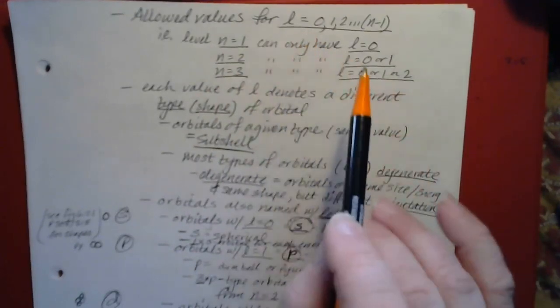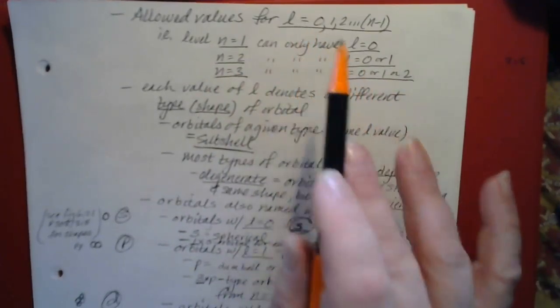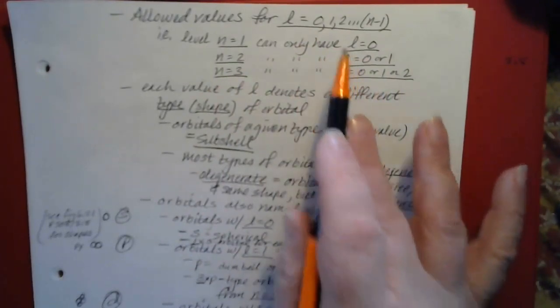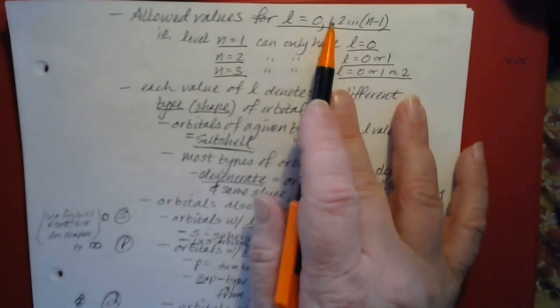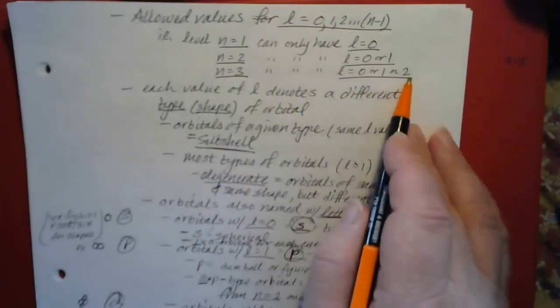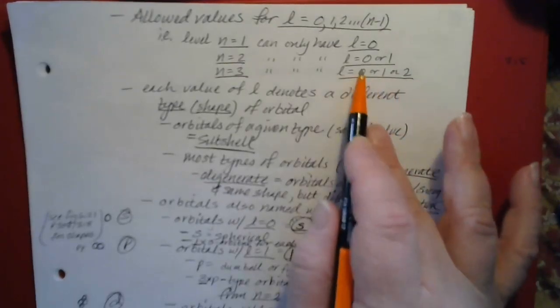And that also means the number of possible values for L would be the same as the principal quantum number. So if n equals 3, the values for L could be 0 or 1 or 2. That's three possible values for n equals 3.